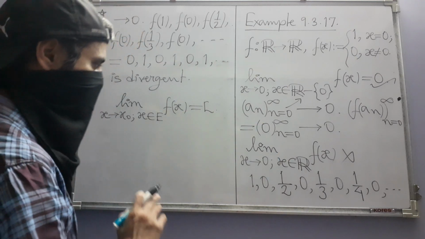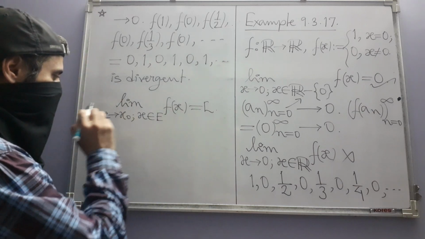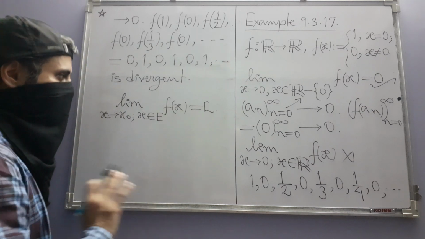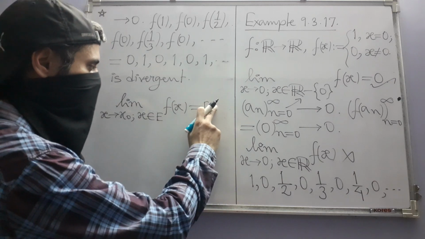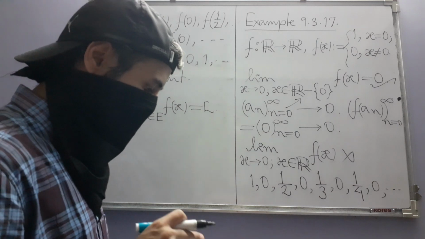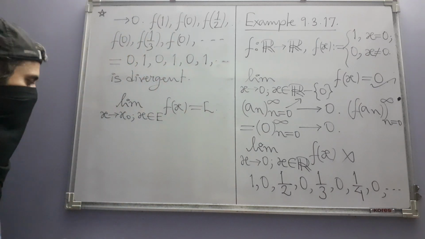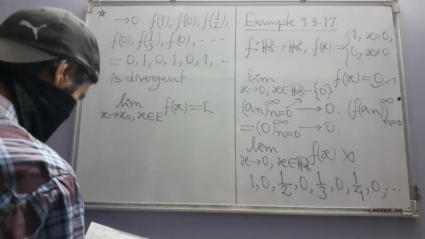In other words, the limit is a local concept. What is happening near x naught is what matters for this limit to exist and to become L, and actually that is the case. So this next result is about that limits are local, and it's a proposition.